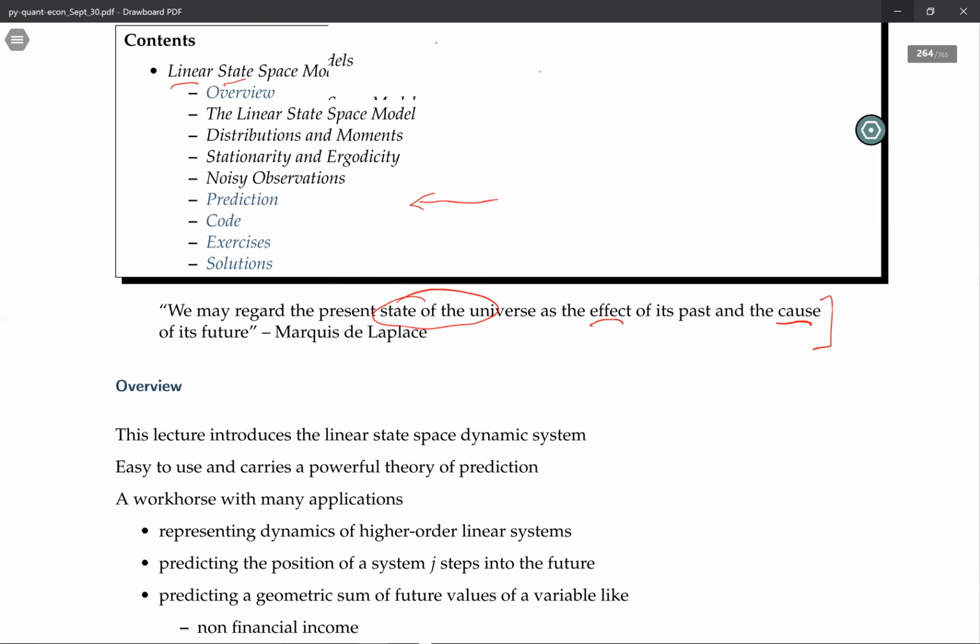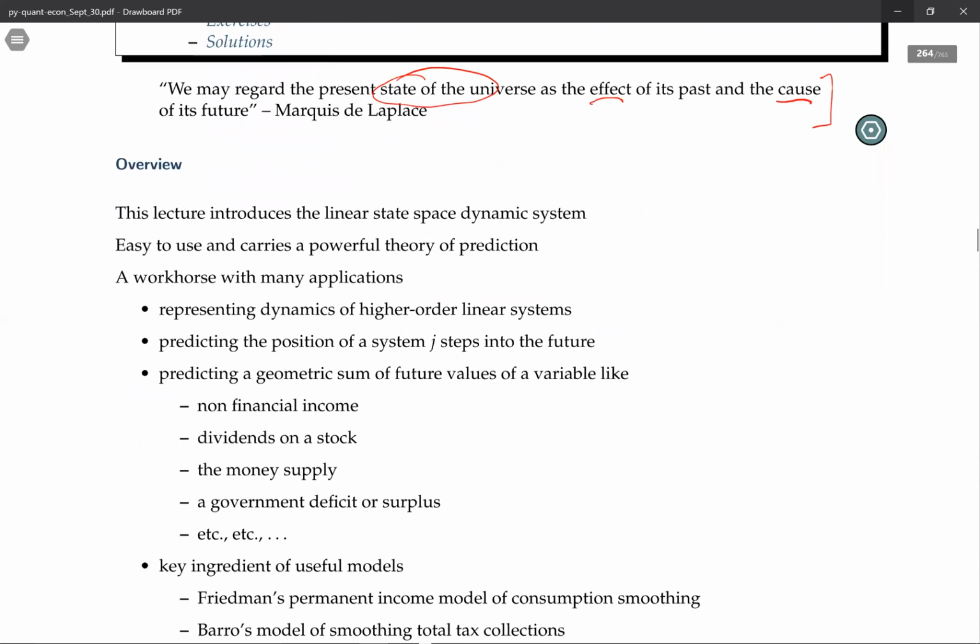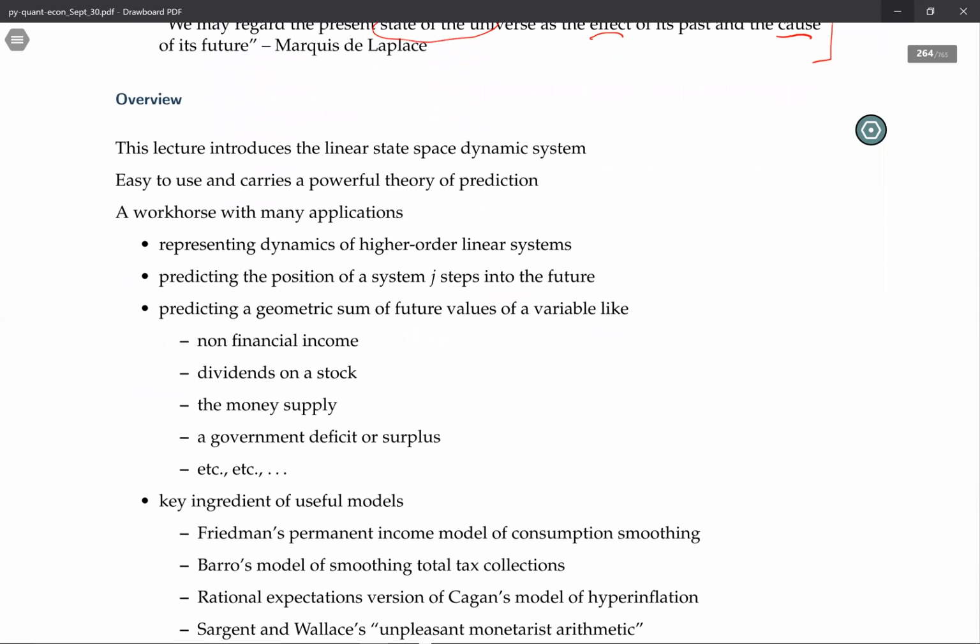Okay, so I'm just going to lead you through these notes and put some underlines. So there's going to be a reader's guide to this. Okay, why do we like linear state space systems? Well, here are some of the reasons. It's got this theory of prediction. It's a workhorse for a whole bunch of applications. Some of you have heard of real business cycle theory. It's cast in the language of the linear state space system.